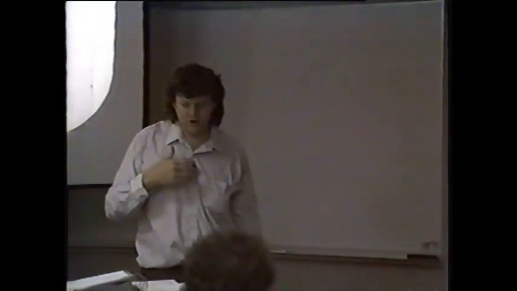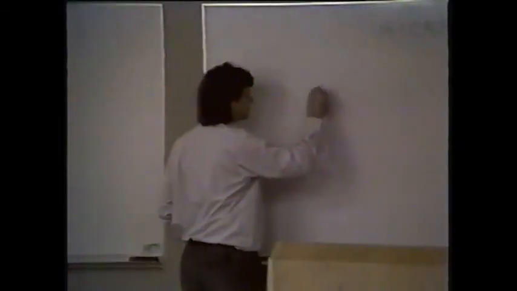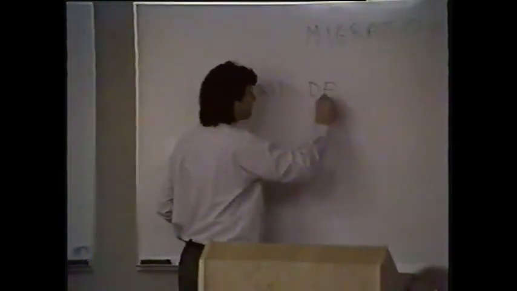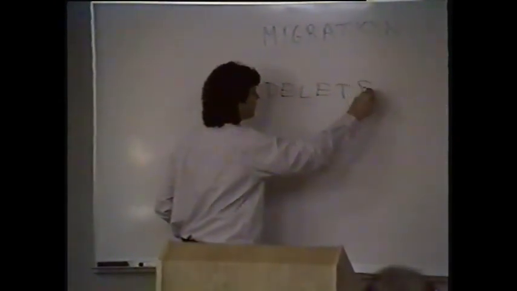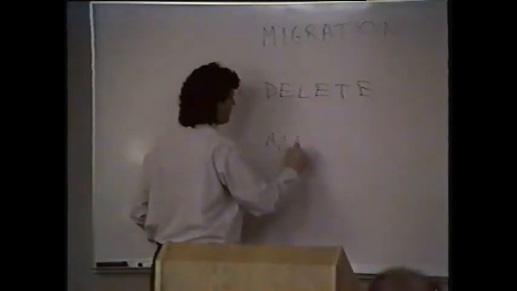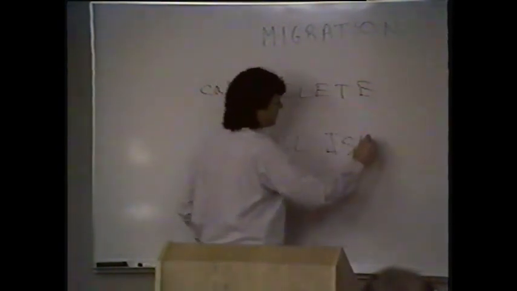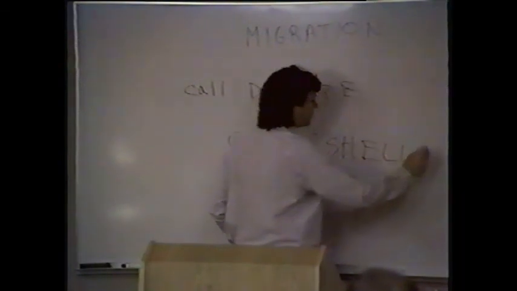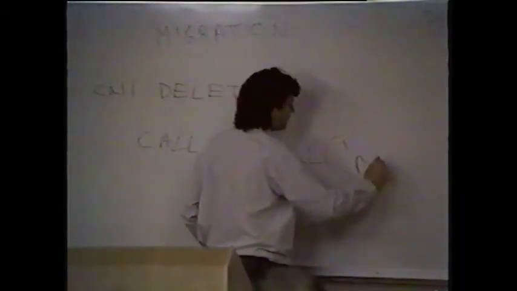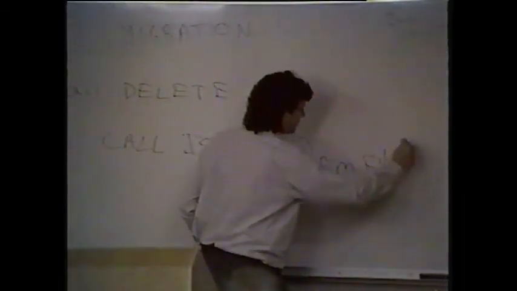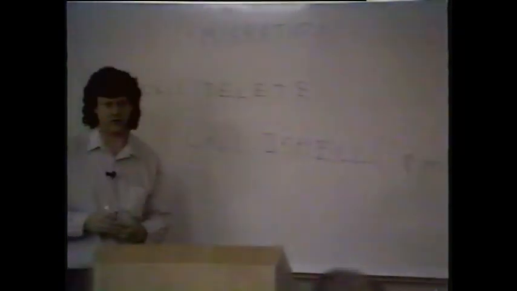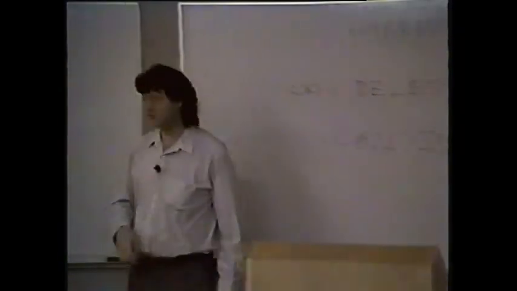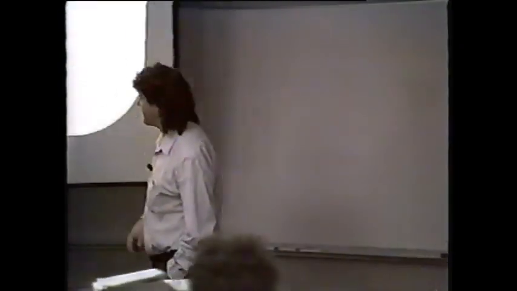So iShell is a key to call, instead of calling, for example, call delete, it would be a call to iShell with some sort of remove file. And that's where iShell comes in handy.